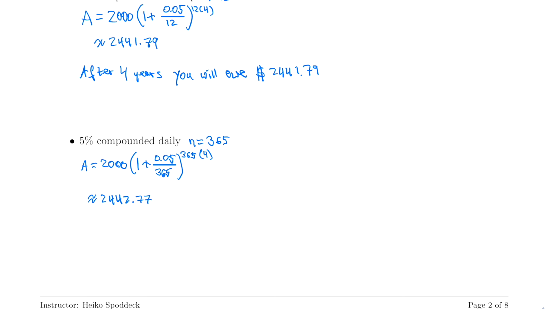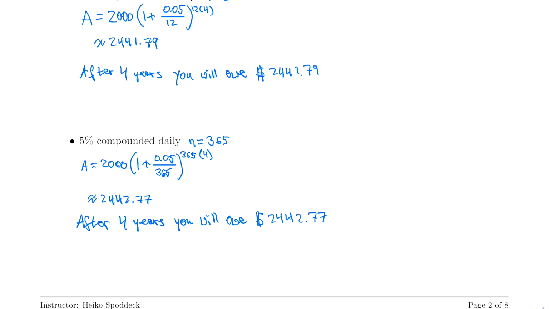And so that's a stunning, not even quite $1 more. So after 4 years you will owe $2,442.77. If the bank continues every day to compound your interest, they will get for all their effort 98 cents more from that.